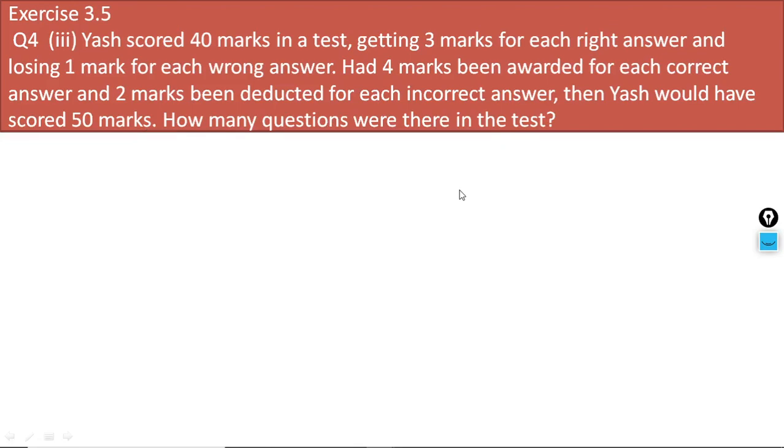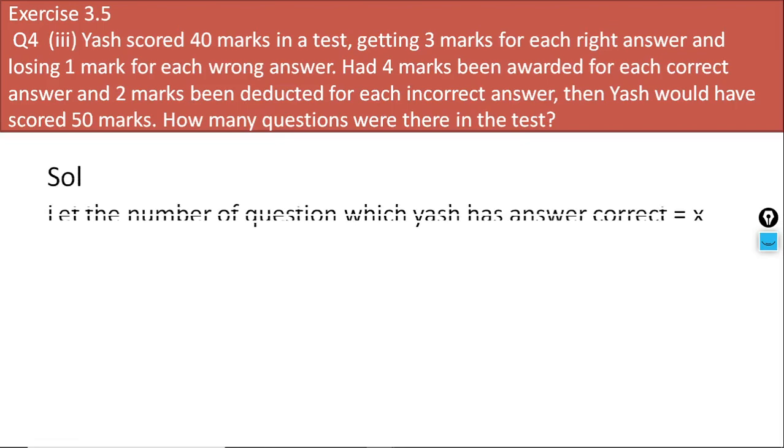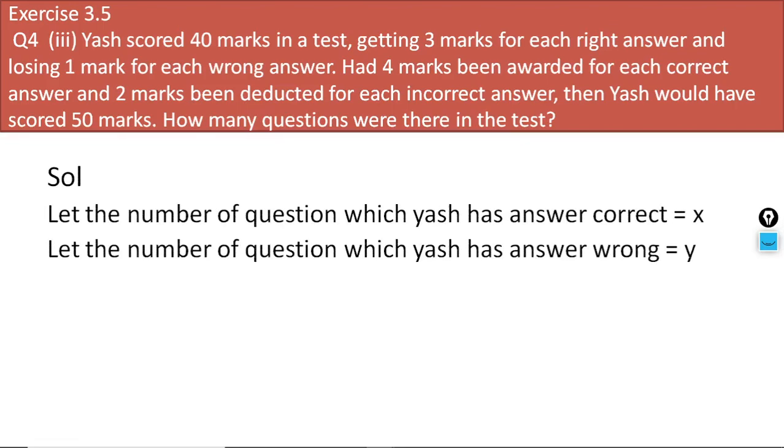Now students, in this case we are going to consider two variables. First variable, the number of questions which he has attempted correctly, that is x, and the number of questions which he has attempted wrong is y. So let us start here. Then according to the question, for correct questions, in the first case 3 marks will be given, so we get 3x.